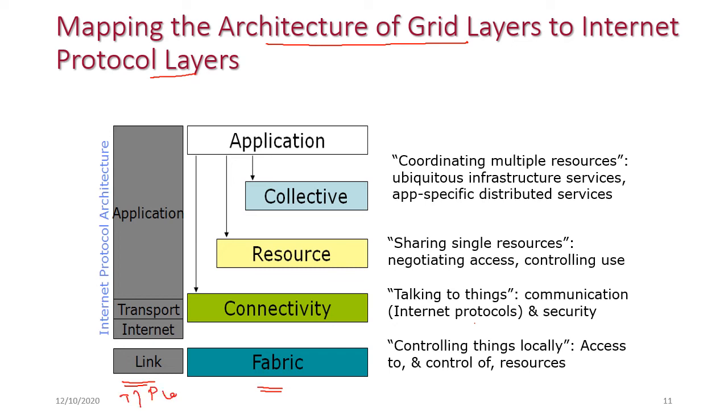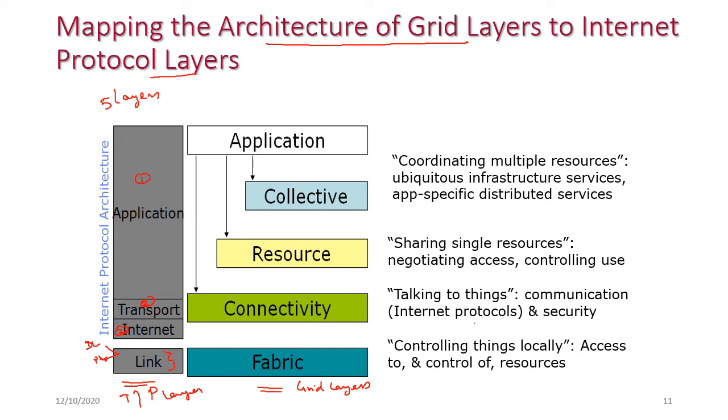In the internet protocol model we have a 5-layer architecture: application layer, transport layer, internet layer, and then the data link layer and physical layer. These 2 layers are combined together and give a single layer called the link layer.